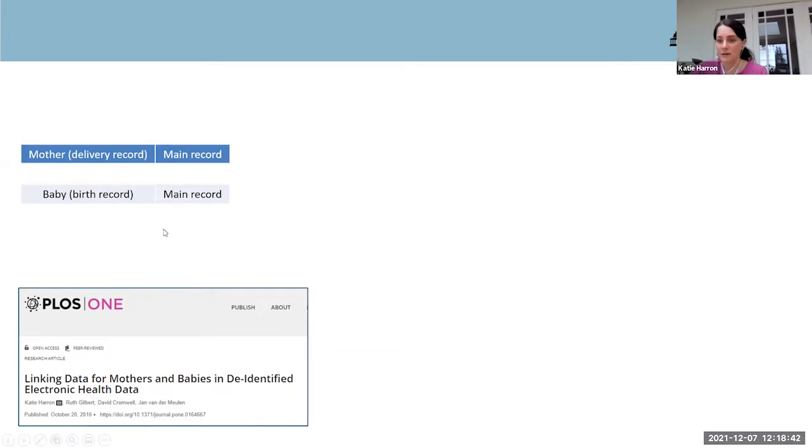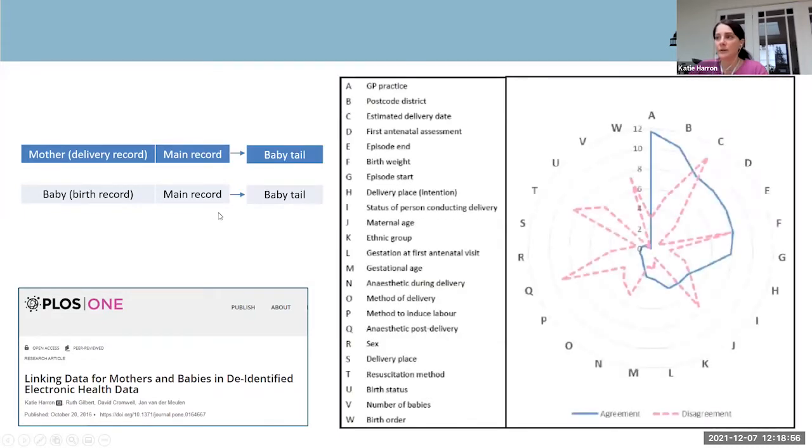However, we know that in HES, hospital episode statistics, along with the main record for an admission, if the admission is associated with a delivery or with a birth, then there is an additional set of fields known as the baby tail, which includes another 20 or so variables, including things like birth weight, maternal age, gestational age, etc.